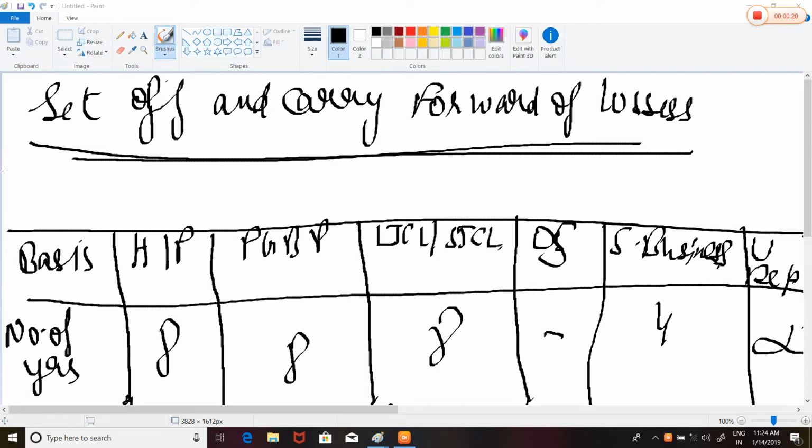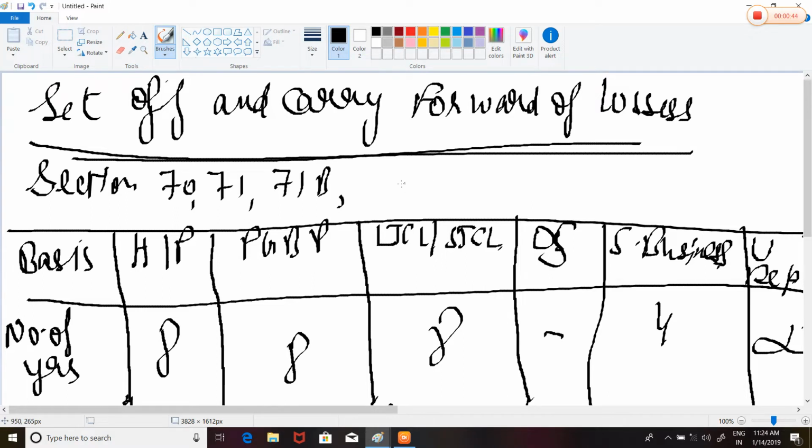The governing sections of set off and carry forward of losses applicable for your syllabus are section 70, 71, 71B, 73, 74 and 74A.